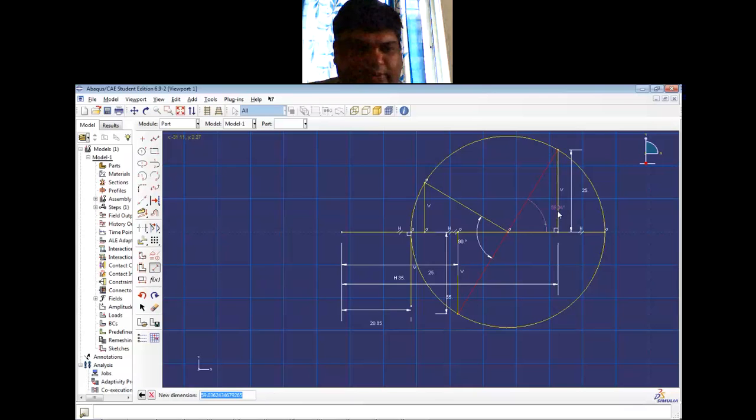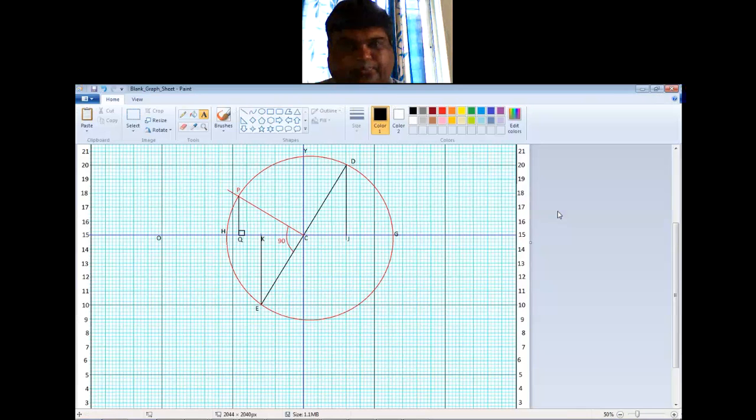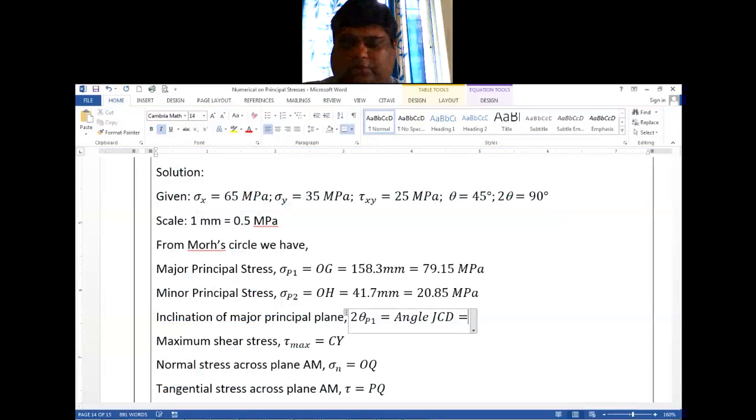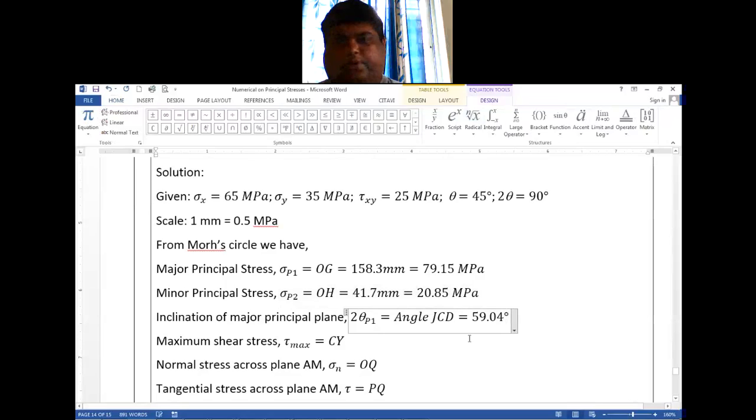This angle is 59.04 degree, or this is 2 theta p, theta p1 is equal to 59.04 by 2.